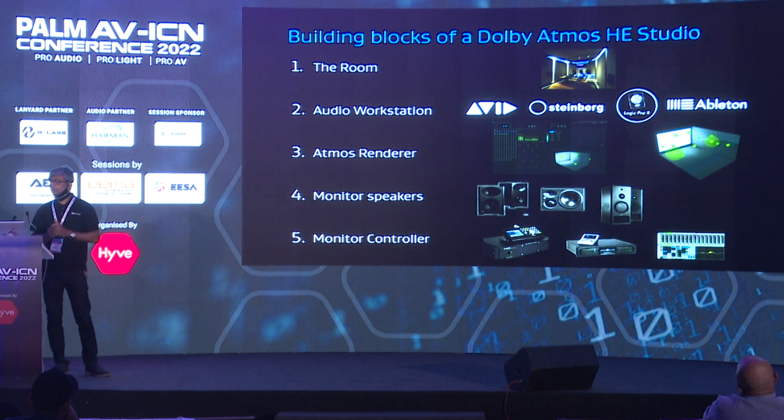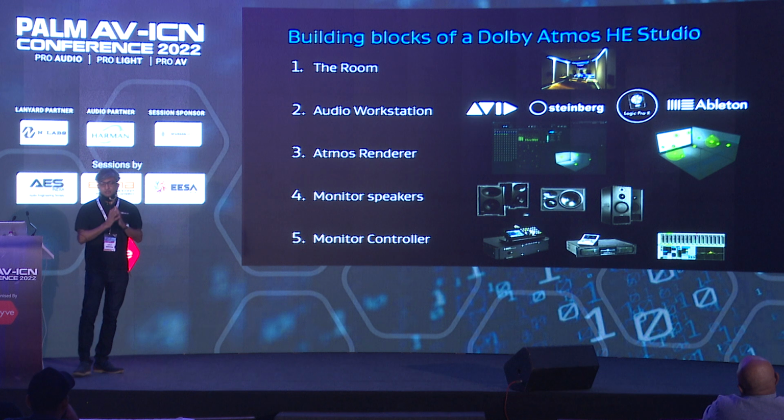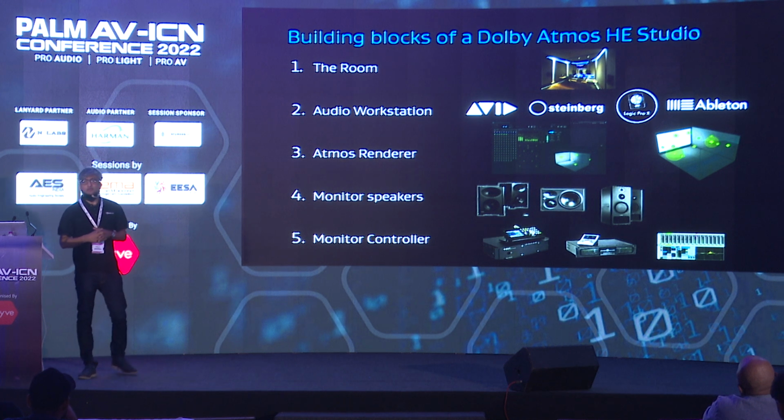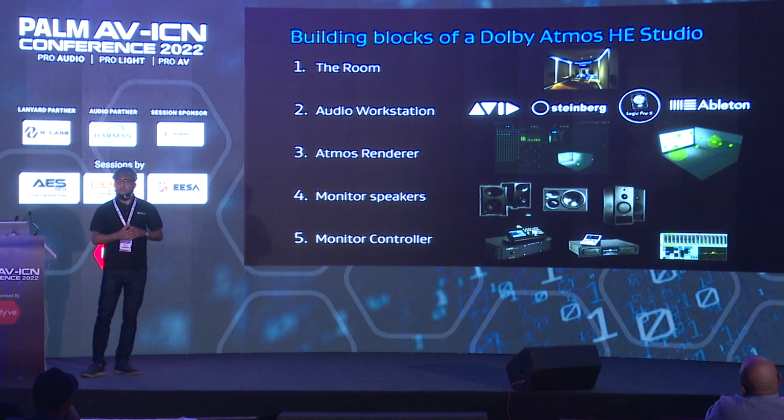I'll be talking about it in a little more detail in one of the later slides. Basically, compared to a traditional channel-based mix, in Atmos, the master output from the DAW would have up to 128 tracks or channels of audio information.